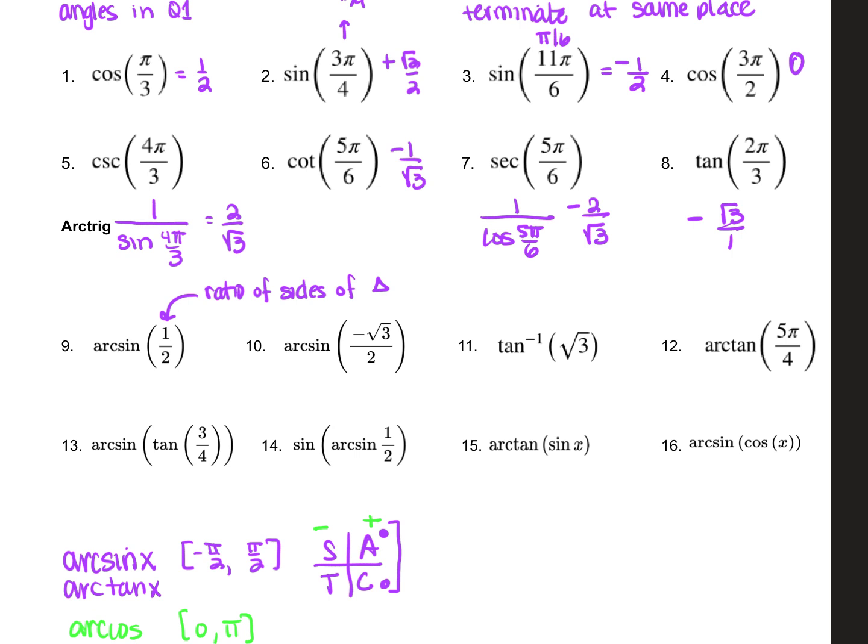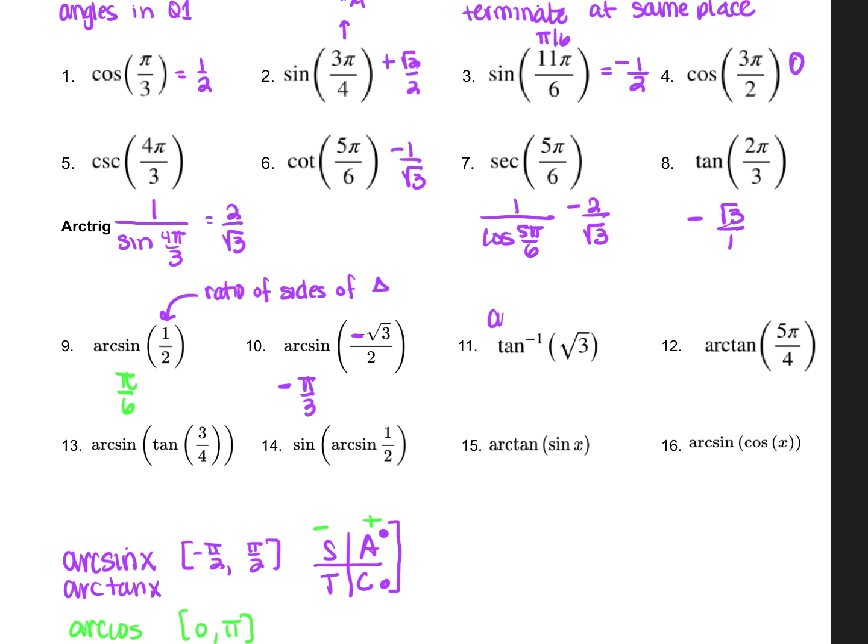And then this would be positive pi over 6 because this is positive on the inside. Arc sine of negative root 3 over 2. So first thing, the arc sine of root 3 over 2 is going to be pi over 3. But since this is negative, it needs to be negative pi over 3.